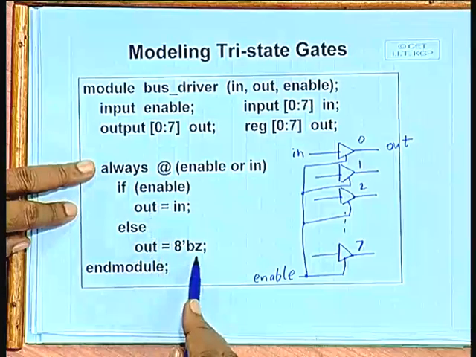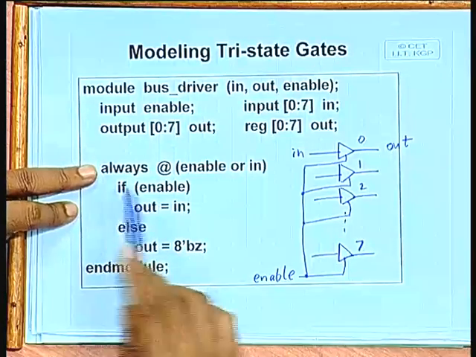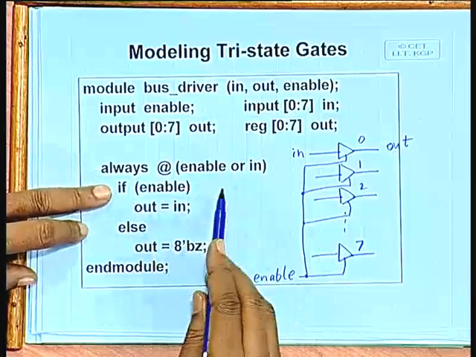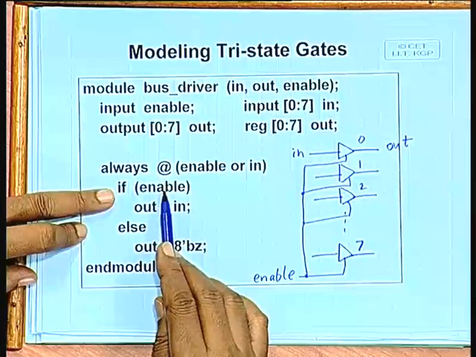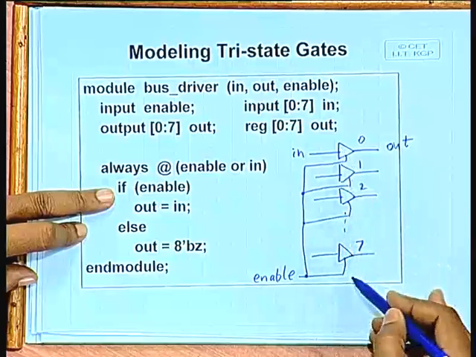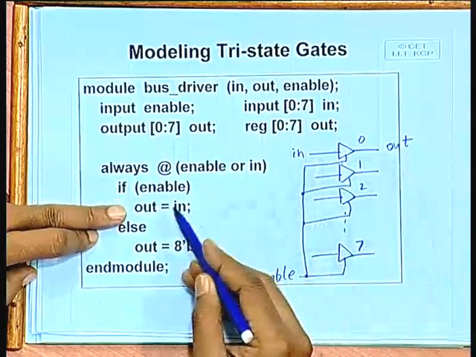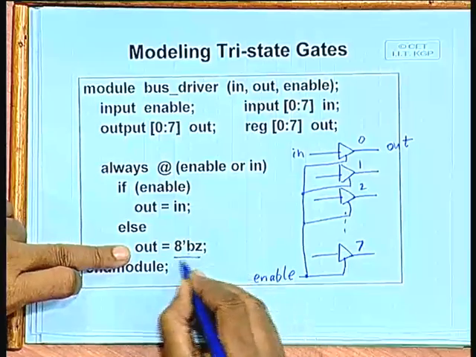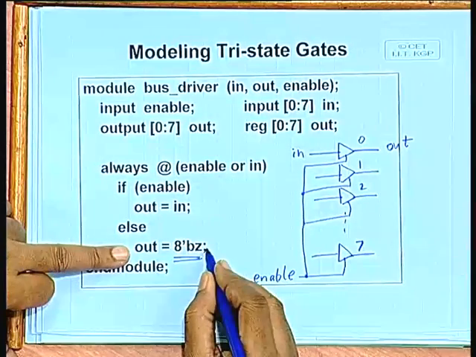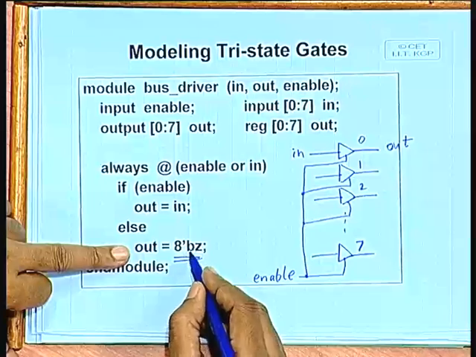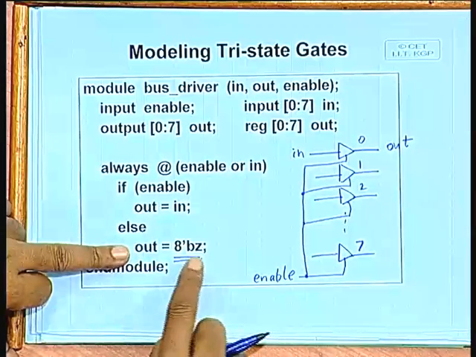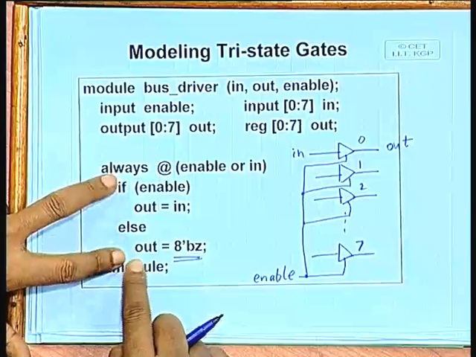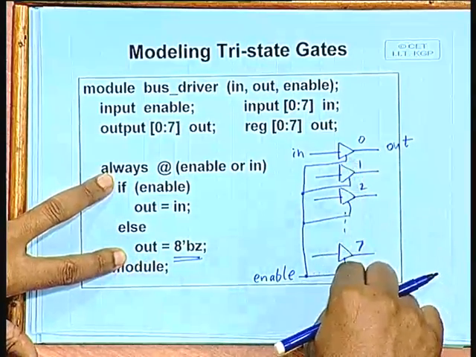So, if you specify like this, that if some of the inputs change state, either enable or one of the inputs, then if enable is high, meaning the buffers are enabled, then in goes to out, else you explicitly specify Z here, tri-state. This high impedance state goes to out. So, if there is an explicit assignment like this, then this will be modeled as a tri-state gate.